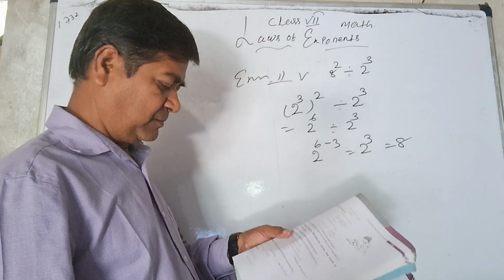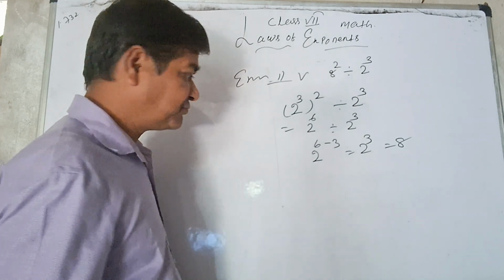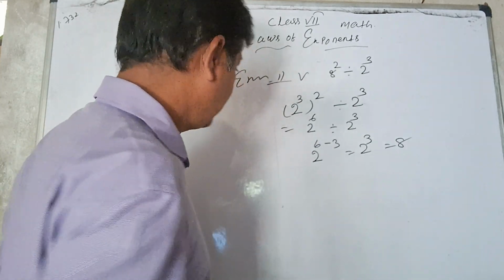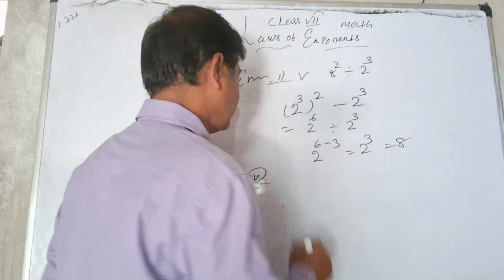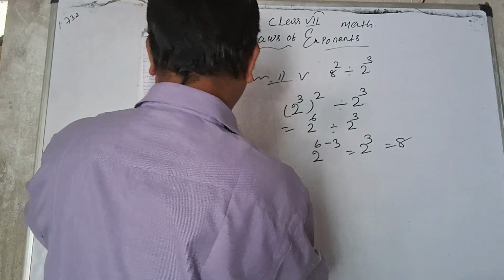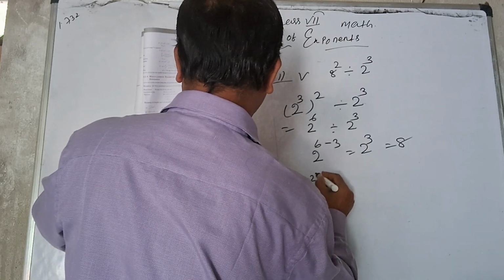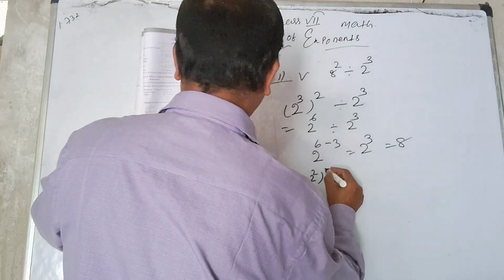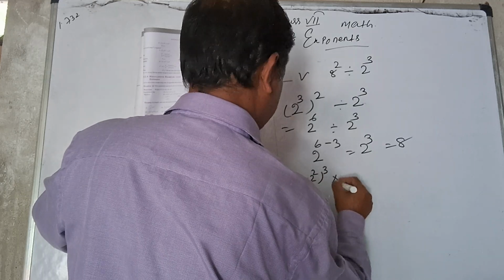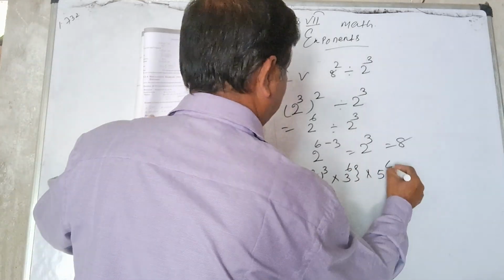Similarly, question IV is also not hard for you. Example 11, question number IV. It is an important question. Minus 2 to the power 2 whole to the power 3, into 3 to the power 6, into 5 to the power 6.